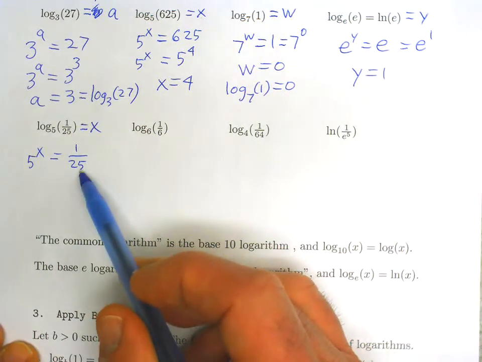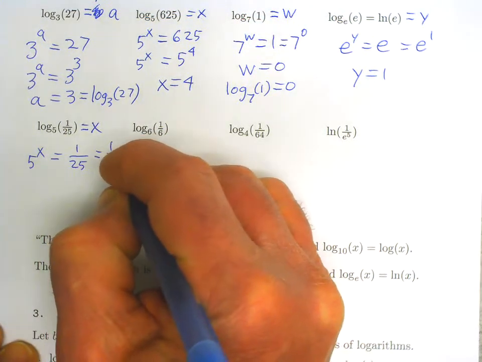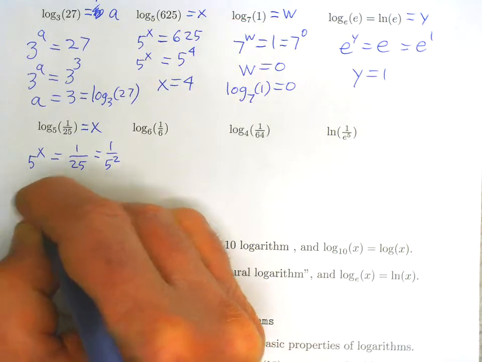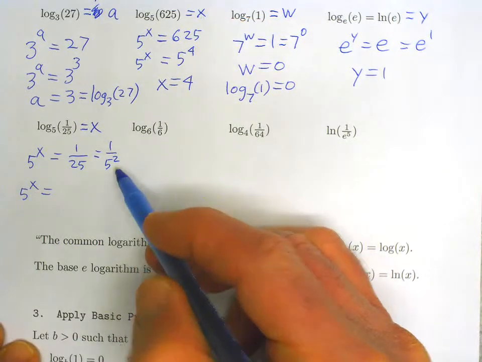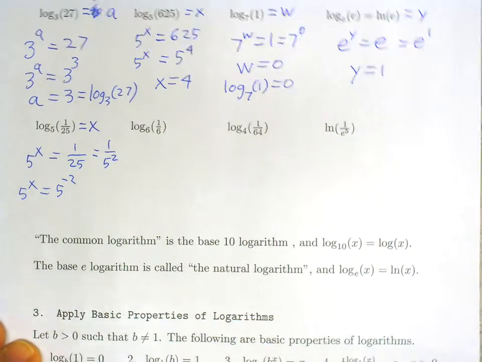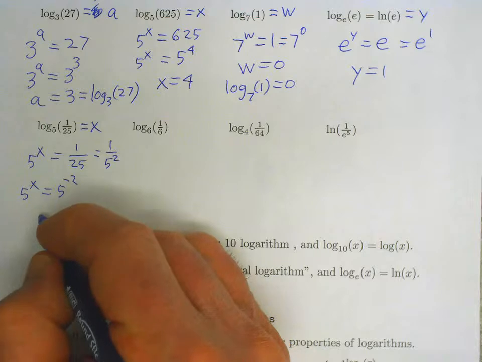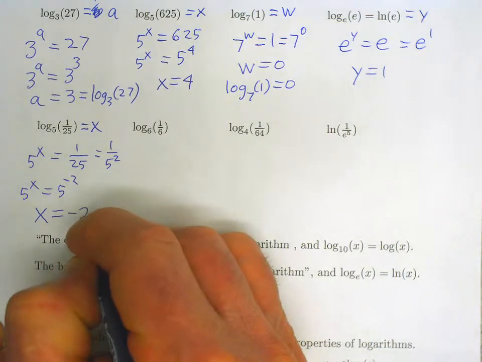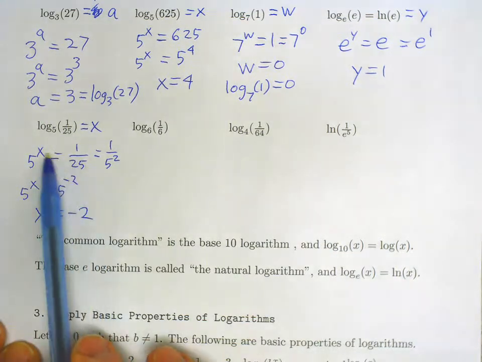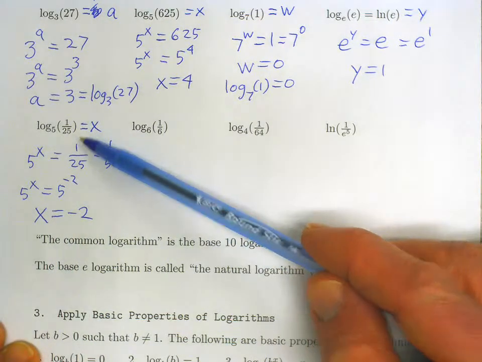But 1 over 25 is 1 over 5 to the second. And 1 over 5 to the second is 5 to the negative 2. So 5 to the x equals 5 to the negative 2. That means x is equal to negative 2. Or in other words, log base 5 of 1 over 25 is equal to negative 2.